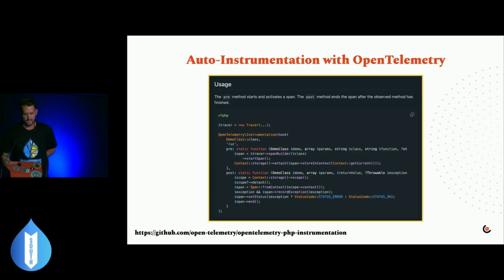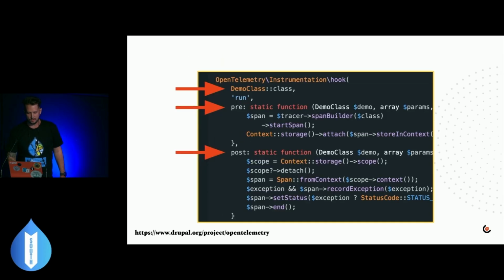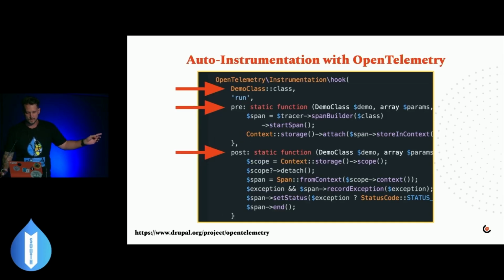You can define your own bit of PHP and then say, okay, at the beginning of, for the demo class, so that could be the Drupal kernel handle function, I could then inject a span before and one after, and then I'll get a span, and I never had to modify core at all.